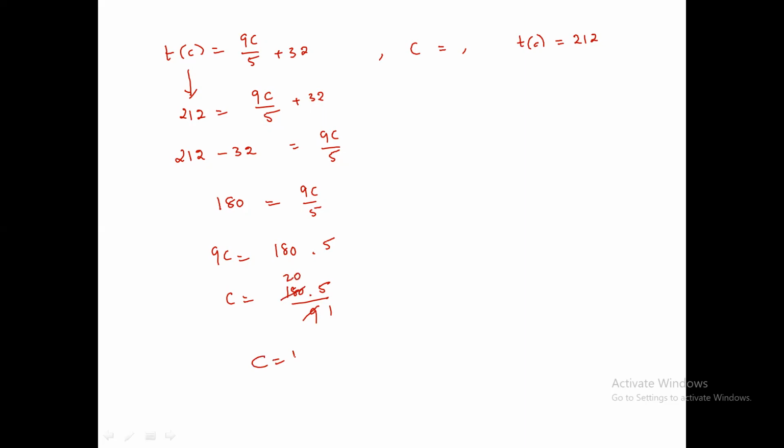So C is 100. That means if the temperature is 100 degrees Celsius, the temperature is 212 degrees Fahrenheit. So this question is used to change the temperature from Celsius to Fahrenheit and Fahrenheit to Celsius.